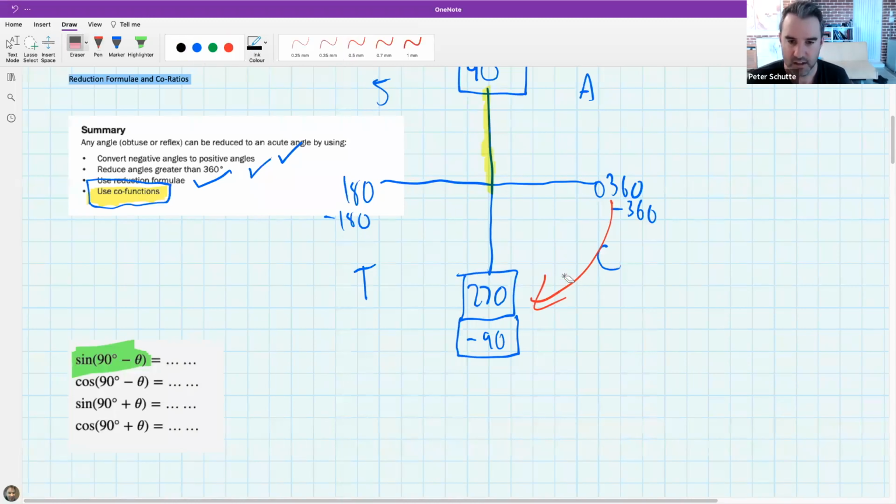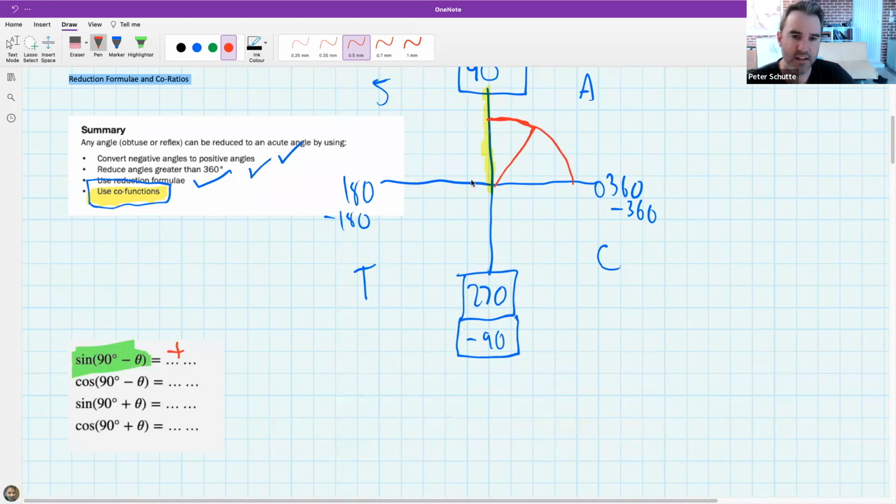I'll give you a hint. If you start at 0 and you go 90, and then you go back by minus an amount, you end up here. It's going to be in quadrant 1. And in quadrant 1, all of the trig ratios are positive. So I'm going to say the sine of 90 minus theta is positive. But now, I want to ask you, 90 minus theta, how far away is that from the nearest vertical axis?